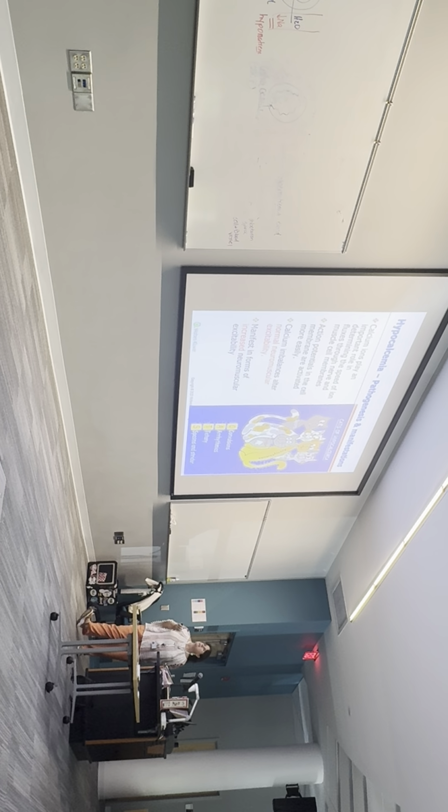Now, pathogenesis. The big thing is calcium has a lot to do with our neuromuscular excitability. It has a lot to do with the action potential in our neurons to our cells. So if the calcium is low, it makes our action potential very excitable. Our cells are very excitable when the calcium is low.